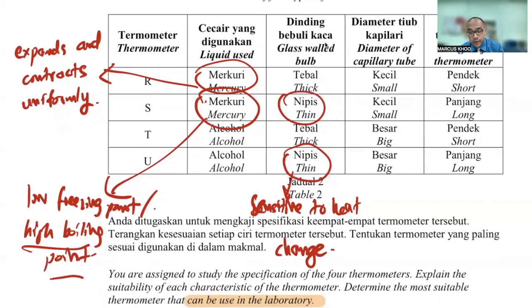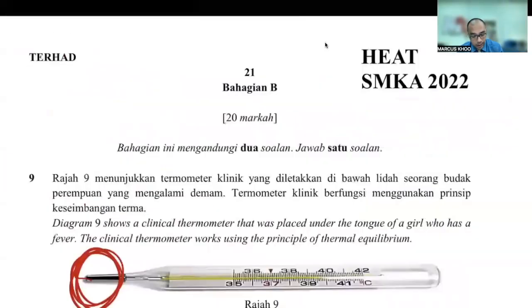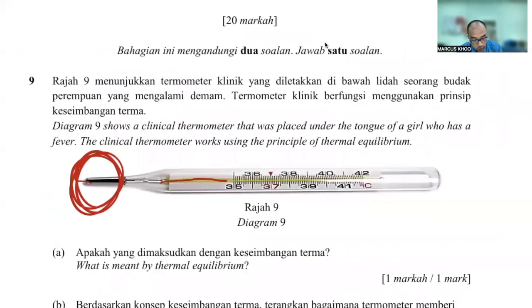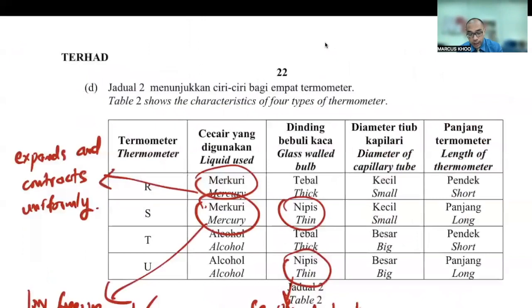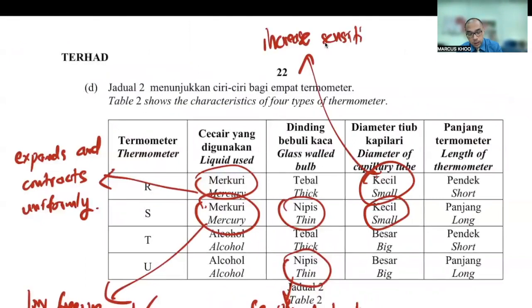Okay, diameter of the capillary tube. Just to tell you, the capillary tube is where the mercury goes in, this particular middle part here. So the diameter of the capillary tube should be small, and this is to increase the sensitivity of the thermometer.